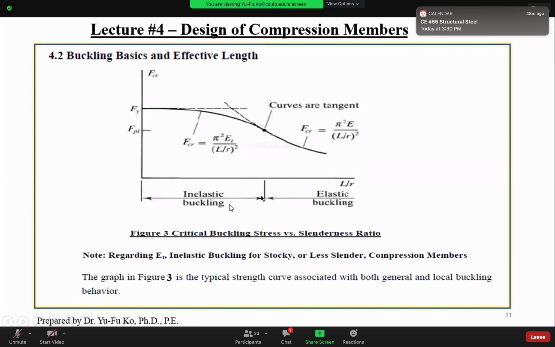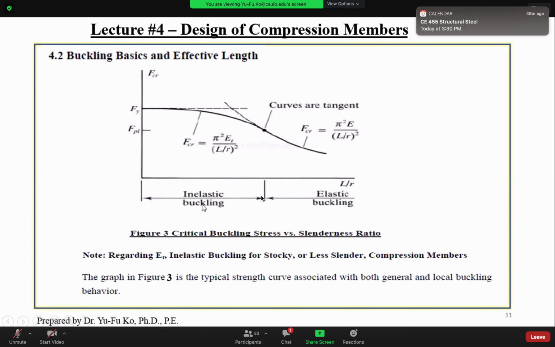So when you design for a taller or slender column, you would expect that for the buckling effect to occur, typically the stresses inside the member are still elastic. That's what we call elastic buckling. But if your member is more stocky, with a shorter slenderness ratio under compression, when it buckles, part of the member will already yield or be closer to yielding in compression.